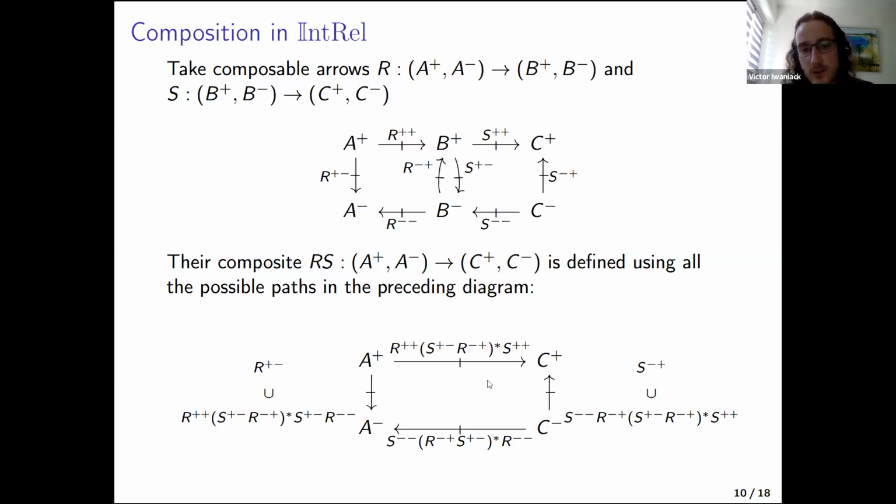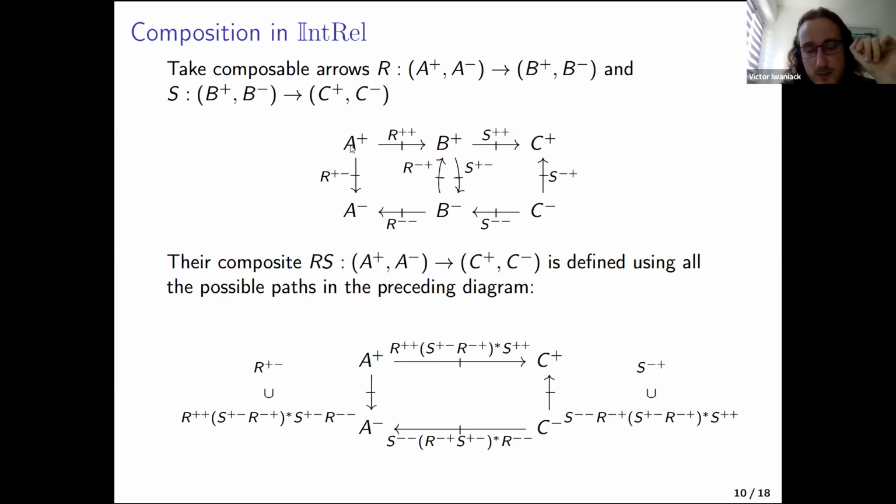And this is why this component of the composite is like that: you have R plus, you have the Kleene star, the reflexive transitive closure of S plus minus R minus plus, and then you end up with S plus plus. Sorry.